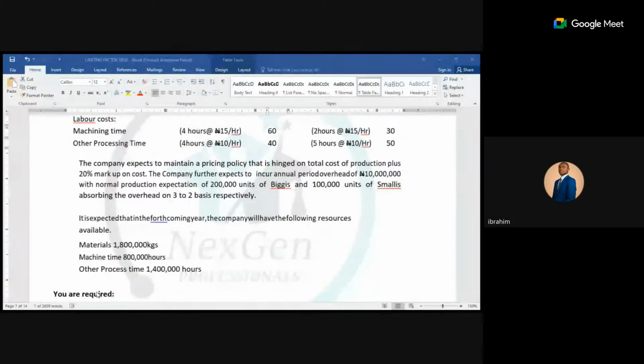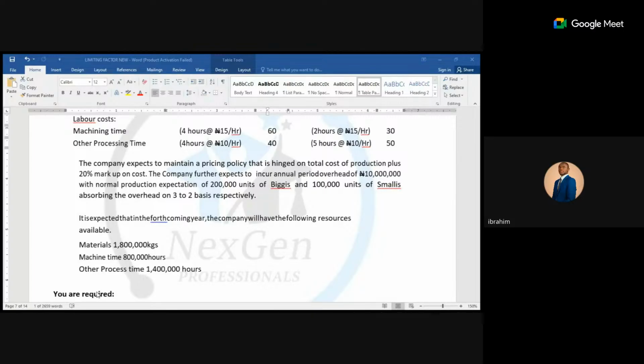Your selling price minus your cost price gives you your profit. So when you want to determine a markup on the total cost, markup is on costs. So you just have to charge 20% of the total cost of production. That gives you your profits. So your profits plus the total cost of production give you your selling price.